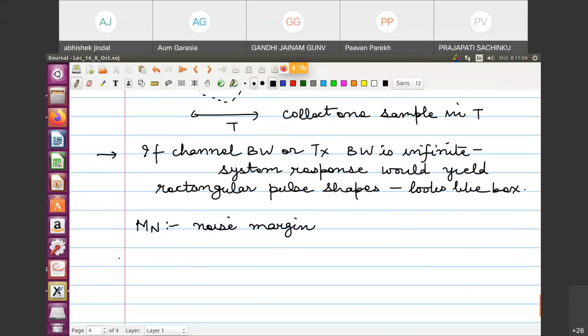Okay. St is sensitivity to timing error. Jt is timing jitter.